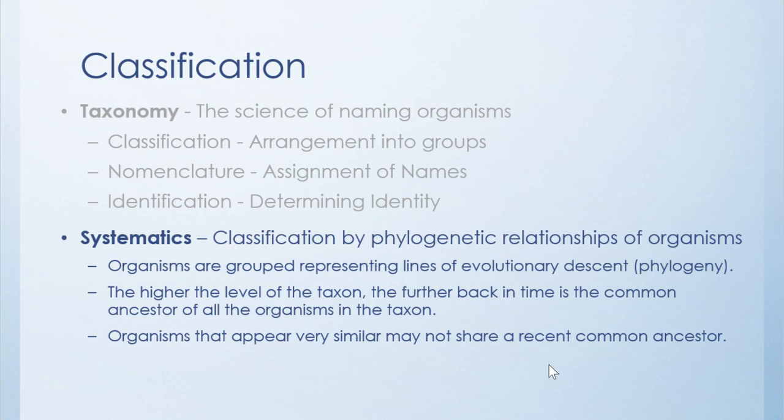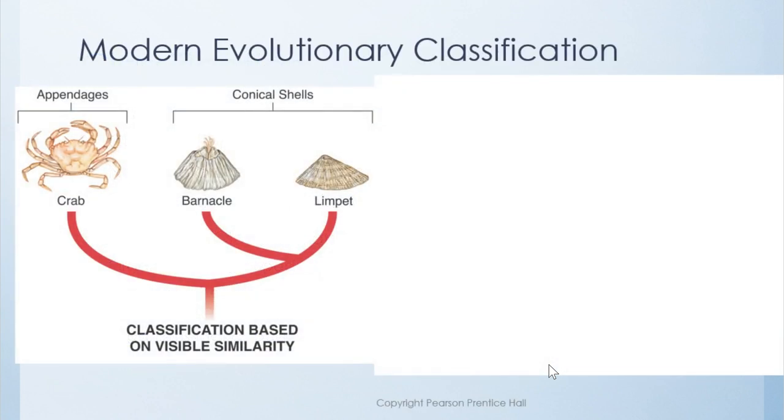Okay, and it turns out that organisms that are very similar may actually not share a common ancestor. And a really good example is this, right? You have a crab, a barnacle, and a limpet. When you look at a barnacle and a limpet, if you categorize them based on appearance, they're going to be in the same group because they both have conical shells, and crabs look nothing like them.